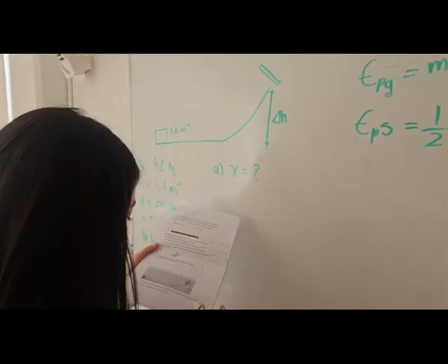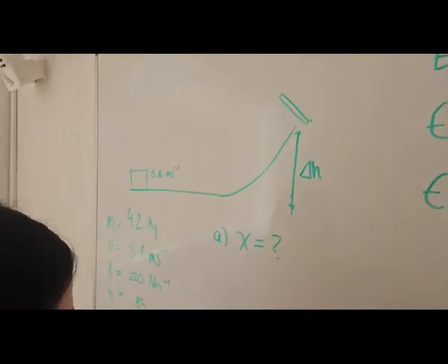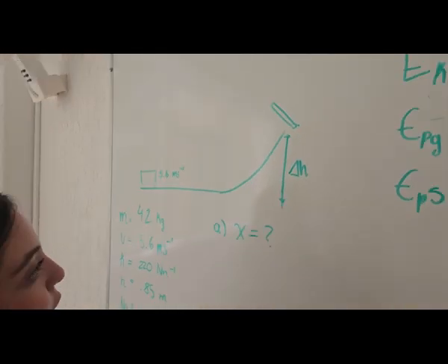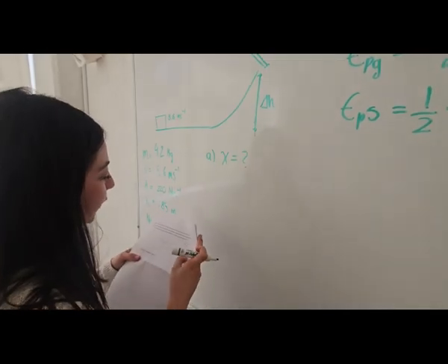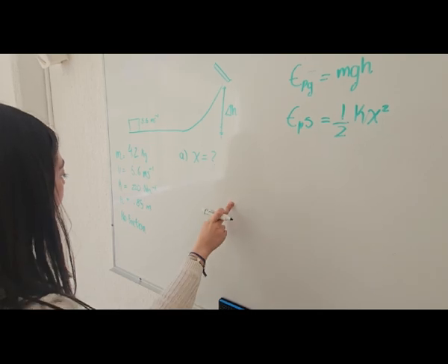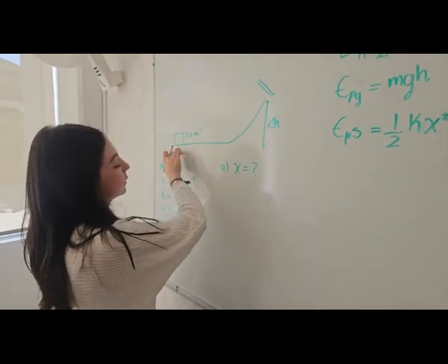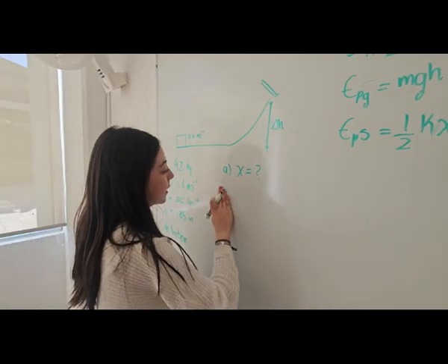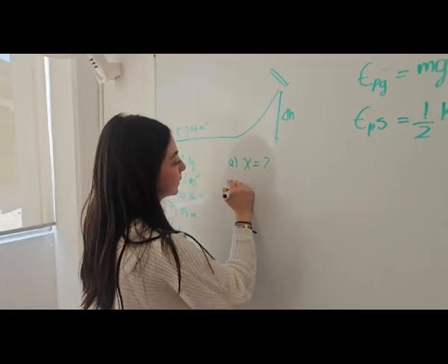The body stops a vertical distance of 0.85 meters above its initial position. So first question is, determine the amount by which the spring has been compressed. There are no frictional forces, so this means that energy will be conserved. So if we start from here, it's going to look like this.